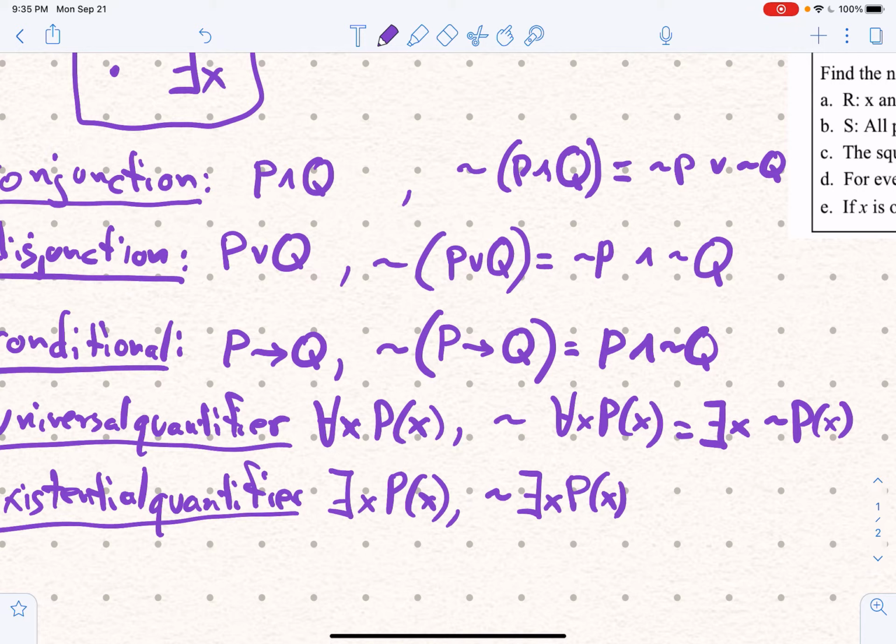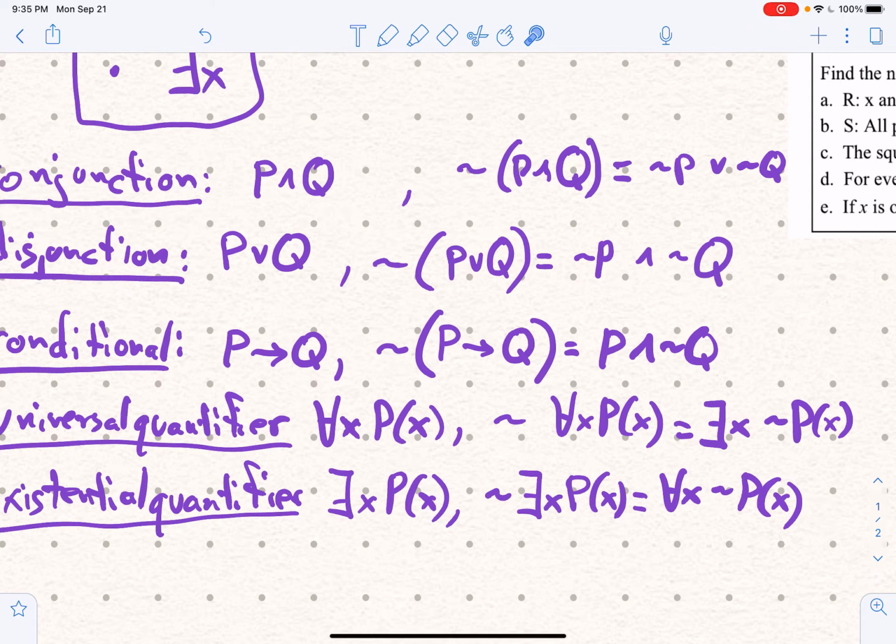So I would say this says for every x, not P of x must hold. And this one says the negation of an existential quantifier: the negation passes through the existential quantifier, applies to the thing inside, and that existential becomes a universal quantifier. You'll notice these two rules sort of go together.